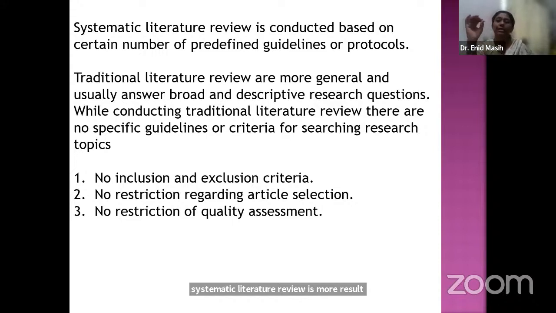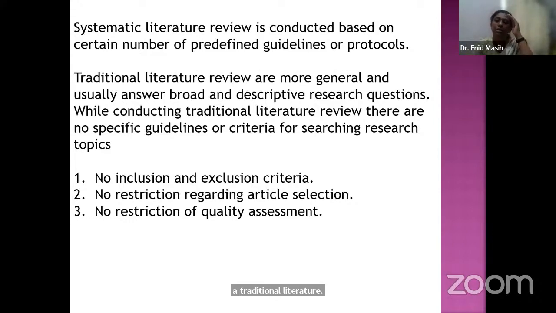It focuses on our results, what we actually want to see, and the results we get out of a systematic literature review are much more concrete, much more universally accepted, much more common as compared to a traditional literature review.